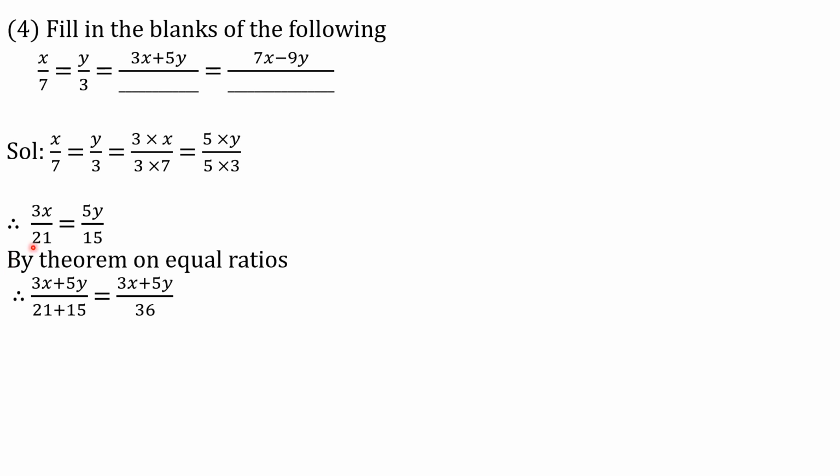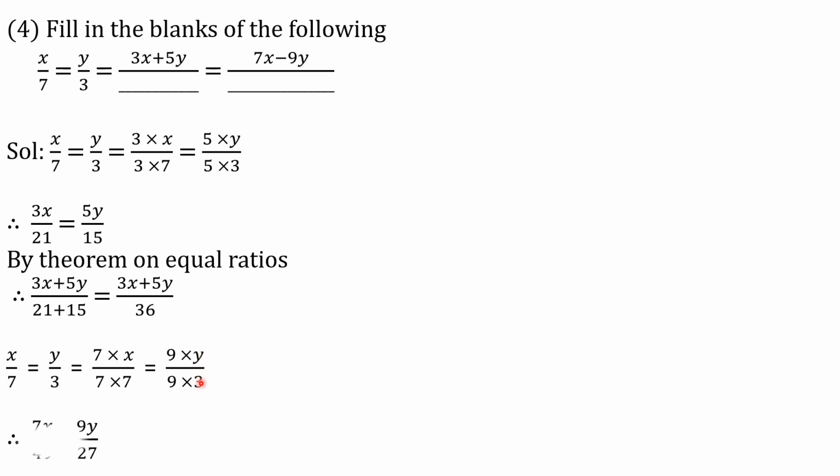Okay. Now we'll find the value for the last term, that is 7x minus 9y upon dash, the denominator. For that you'll use x upon 7 equal to y upon 3 equal to, now you need 7 with x and 9 with y. So you'll multiply the first term, numerator and denominator, with 7, and with y you'll multiply numerator and denominator with 9.